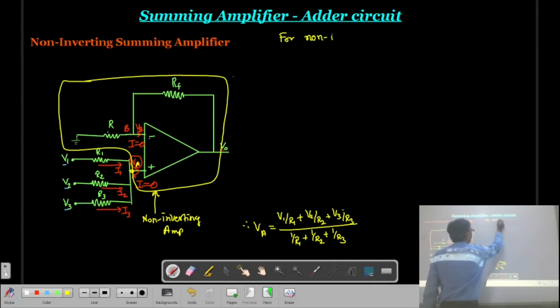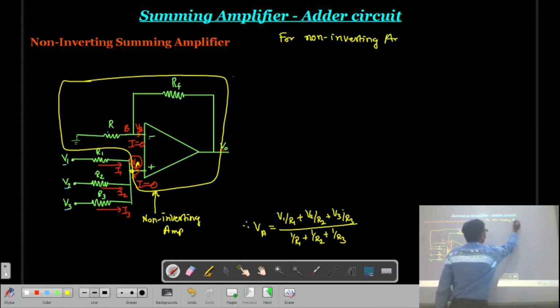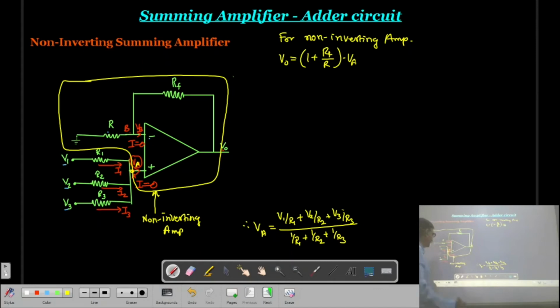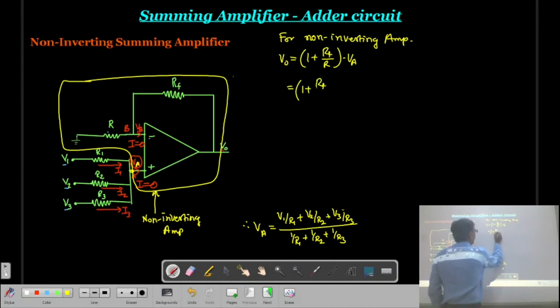For a non-inverting amplifier, the output voltage is given as 1 plus Rf by R into the potential at the non-inverting terminal. Remember, the potential at the non-inverting terminal is VA, and therefore here we can write 1 plus Rf by R, and what is VA?